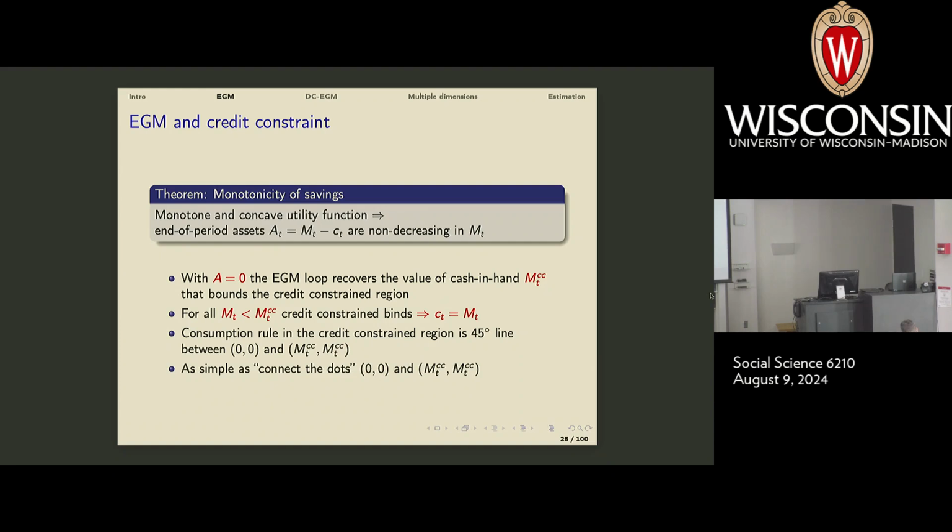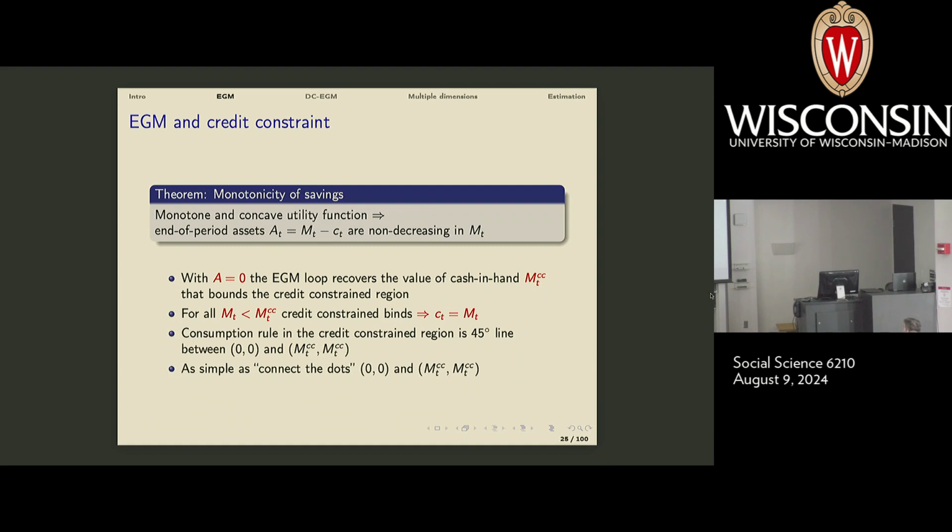So if I run the EGM step with saving 0, I will recover the point of wealth where it's optimal to save 0, where it's optimal to consume everything you have. And then due to this monotonicity, it will never be optimal to save anything to the left of that point of wealth.